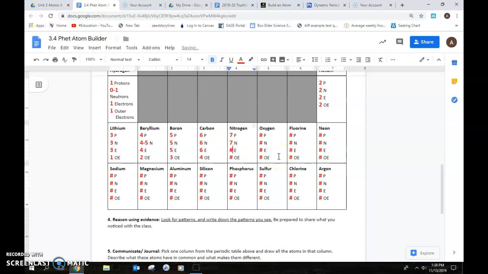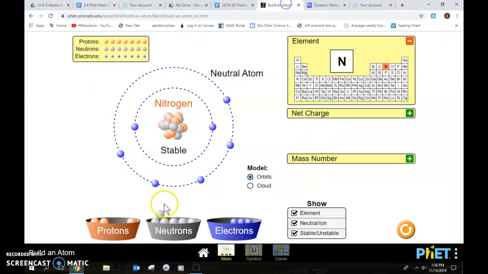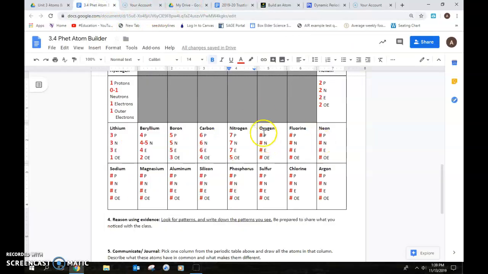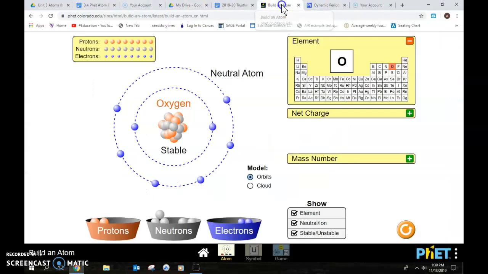So 7, 7, 7, and 5. I think you know the pattern. Oxygen has 8 protons, 8 neutrons, 8 electrons. 2 are in the first shell, 6 on the next. So we would type in 8 protons, 8 neutrons, 8 electrons, and 6 outer electrons.